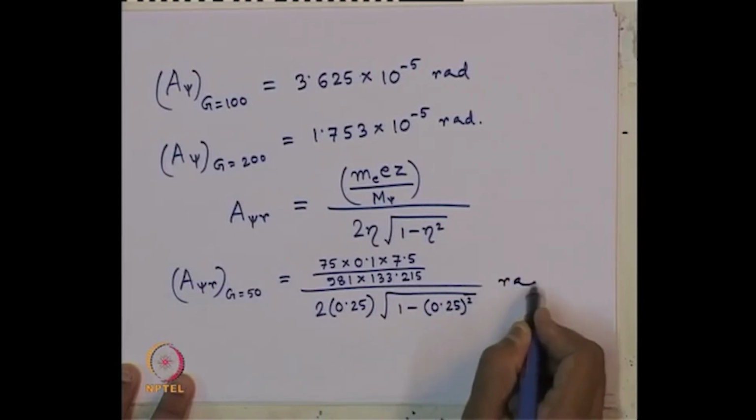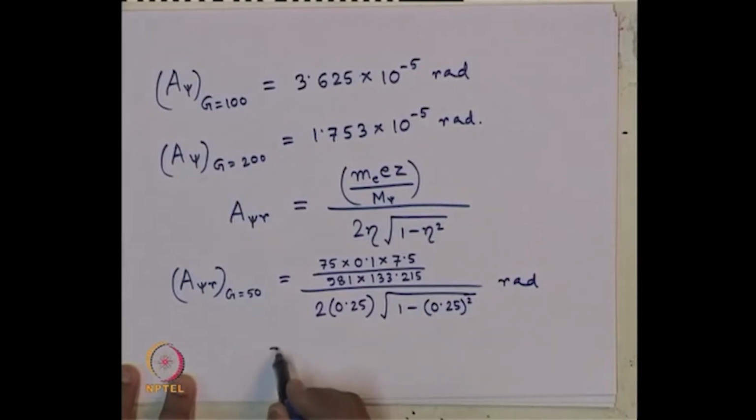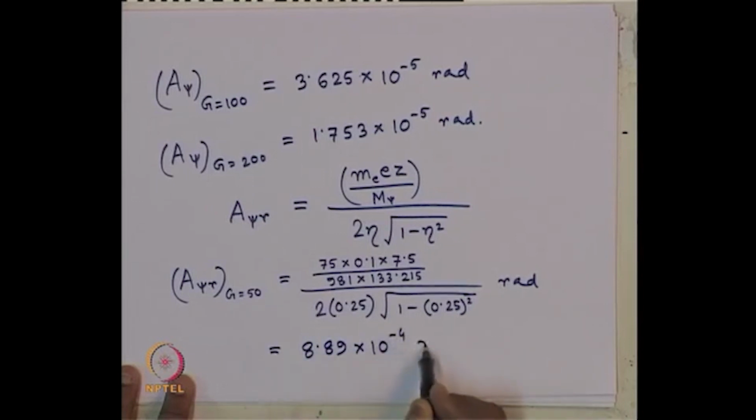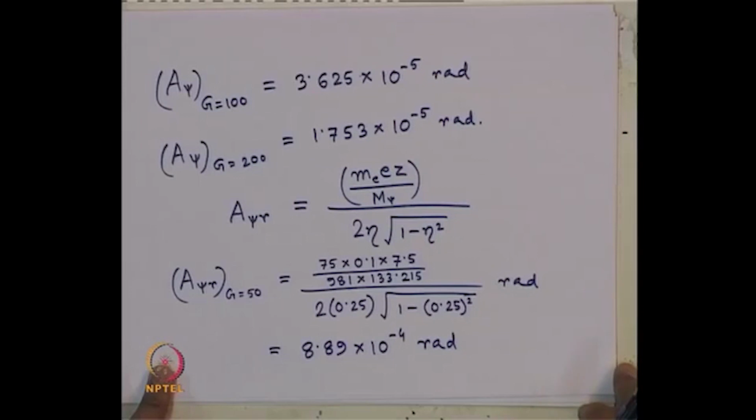So much of radian. If you calculate this, we are getting 8.89 into 10 to the power minus 4 radian, which is obviously larger than at operating frequency, where we got A psi as 7.769 into 10 to the power minus 5 radian.